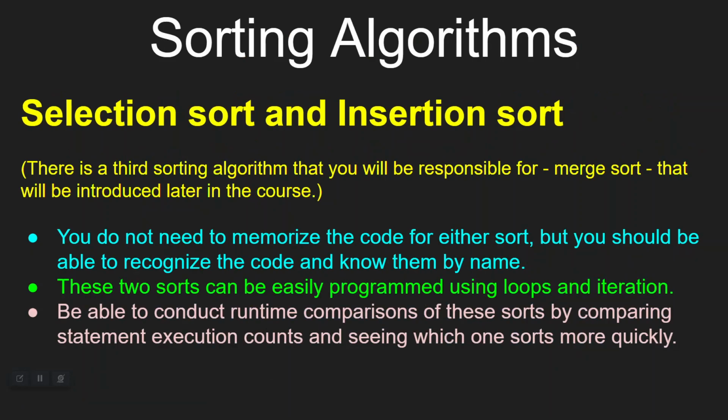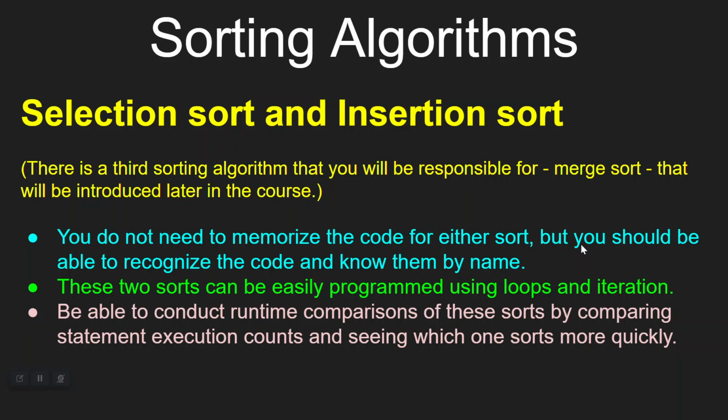So we are getting into what are called sorting algorithms, and there are several sorting algorithms that you need to know for your exam. We're going to start with the selection sort and the insertion sort. Now, there is a third one called the merge sort that we're going to be getting to later in the class. Now, the good news is you do not need to memorize the code for either of these sorts, but you should be able to recognize the code and know it by name.